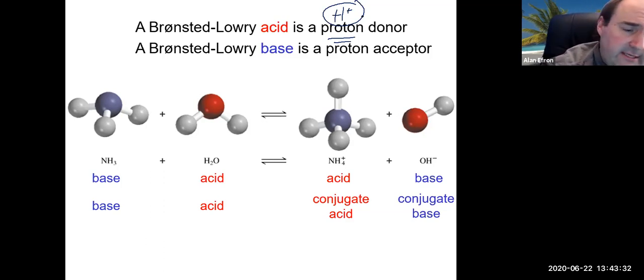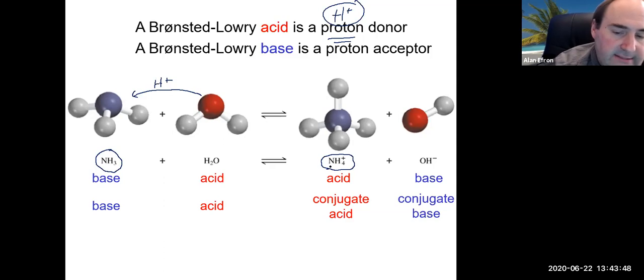So in this particular example here, where we have ammonia and water, water in this case is acting as the acid, and is going to donate that H plus over. When it donates that H plus to NH3, that NH3 becomes NH4 plus. And a consequence of the Brønsted-Lowry definition is we actually create partners on both sides of the arrow, and we create partners that are related to each other.